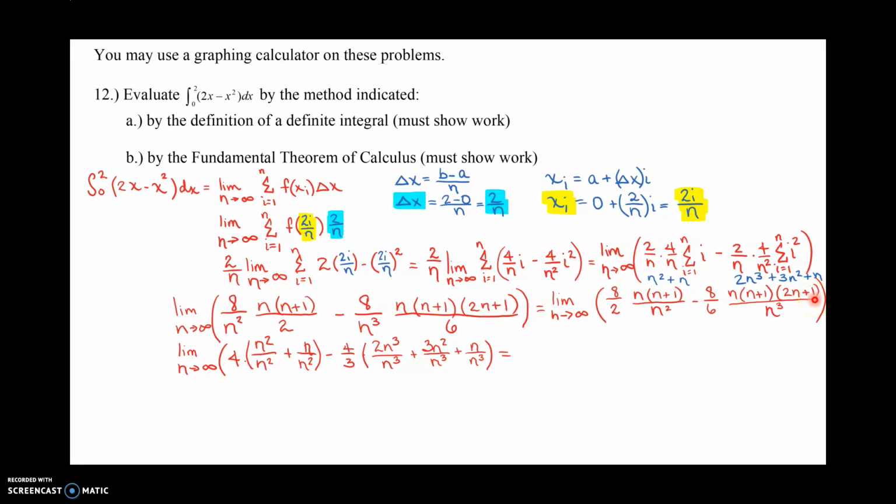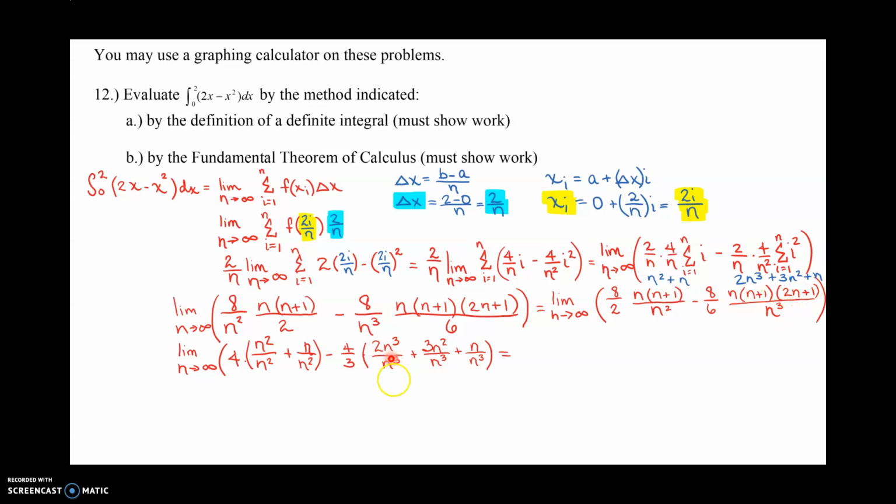So that would be 2n squared plus 3n plus 1, and now we're going to multiply that whole thing by n. So that would be 2n cubed plus 3n squared plus n. Okay, so when I come down to the next line, I'm going to take n squared and put it over n squared, and I'm going to take n and put it over n squared. So n squared over n squared and n over n squared. Same thing here. I'm going to do 2n cubed over n cubed, 3n squared over n cubed, and n over n cubed.